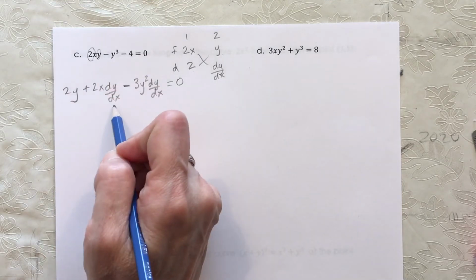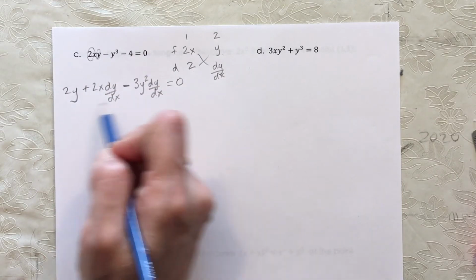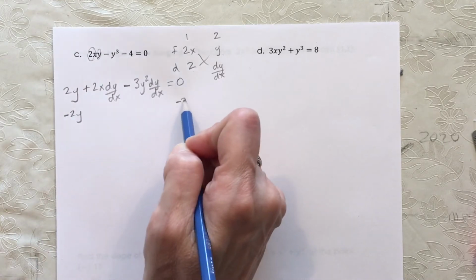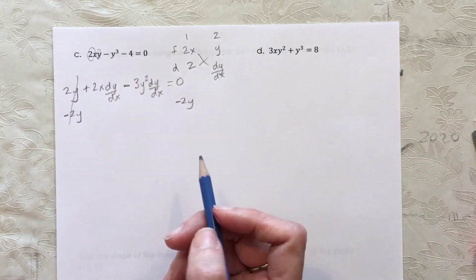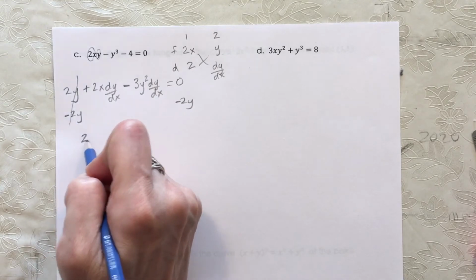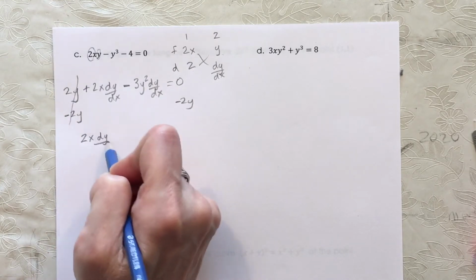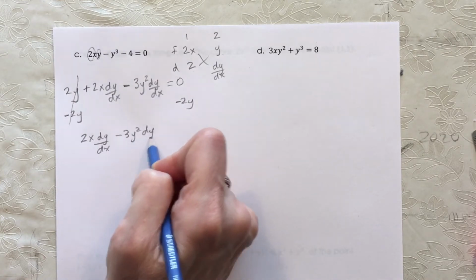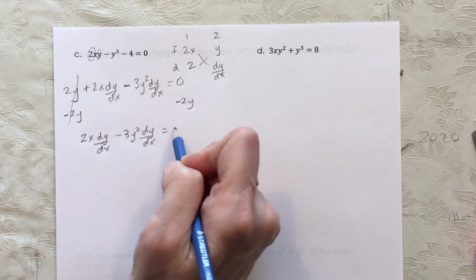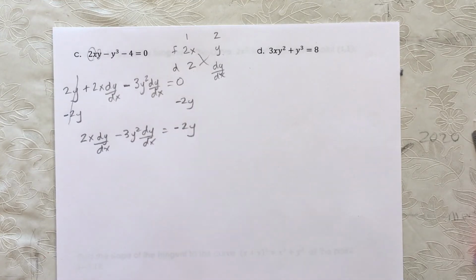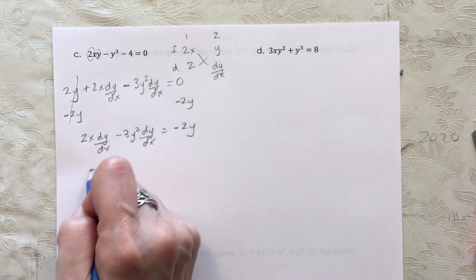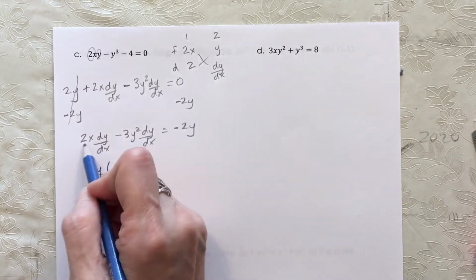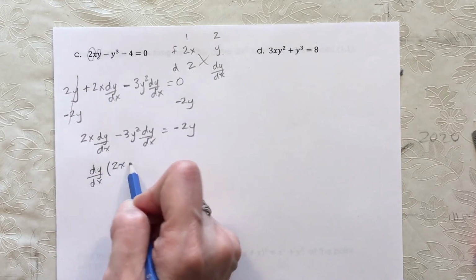So now I'm going to get dy by dx by itself using algebra. So first I'm going to get rid of the 2y by subtracting 2y on both sides, so that I'm just left on the left with terms that contain dy by dx. And then I can common factor dy by dx out of the terms that contain it.